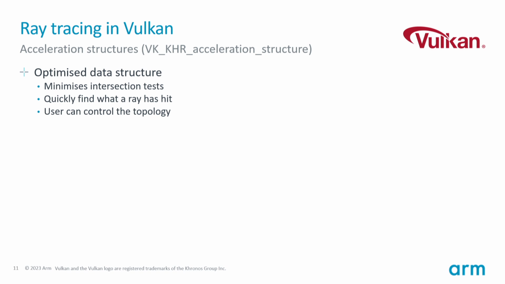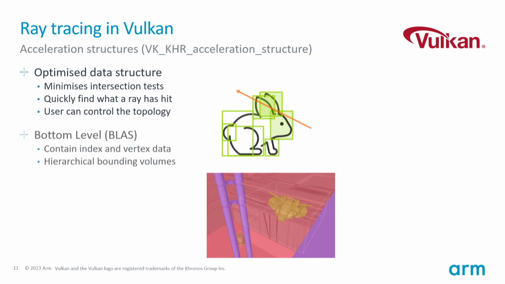The API then makes a distinction between bottom-level and top-level acceleration structures. The bottom-level structure contains the actual geometry data, usually triangles, but it could be mathematically defined models like a sphere or box.